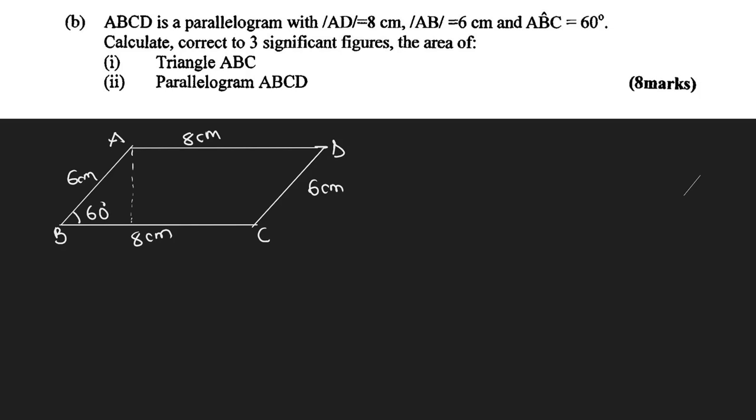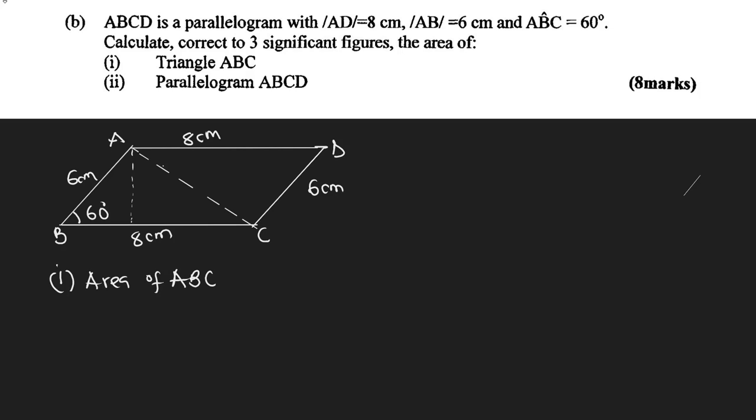So the first question says we should find the area of triangle ABC. So triangle ABC is going to be something like this. So this is triangle ABC, A, B, and C. So we have to find the area of triangle ABC. So what is the area of a triangle?